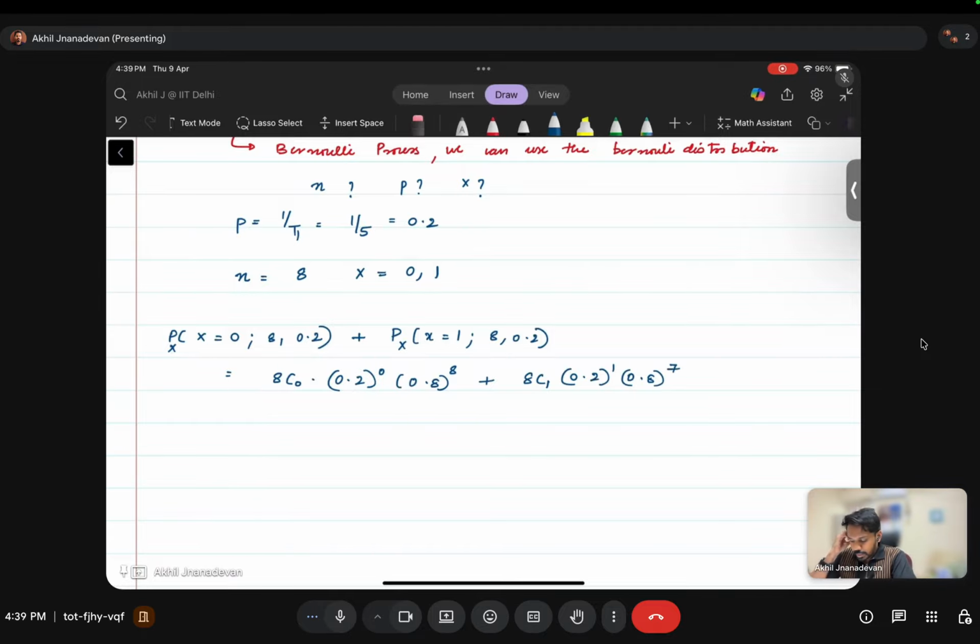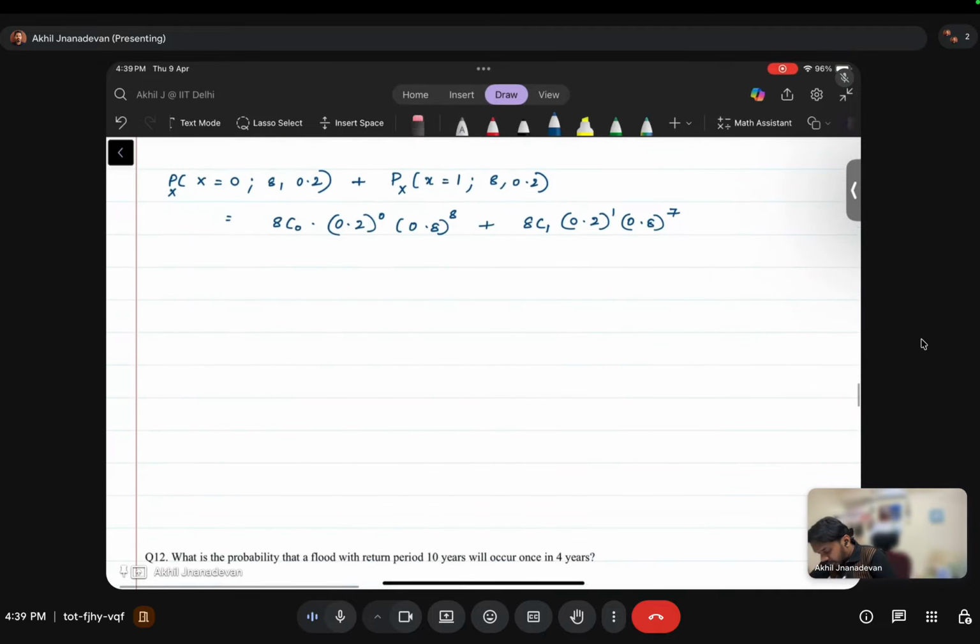So this is a direct application. Then if you solve, 8C1 is 8, so this will be 8 into 1 into 0.8 raised to 8, plus 8 into 0.2 into 0.8 raised to 7. So this will be 0.168 plus 0.335. If you add this, it comes to around 0.503.